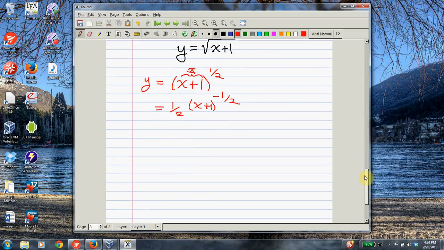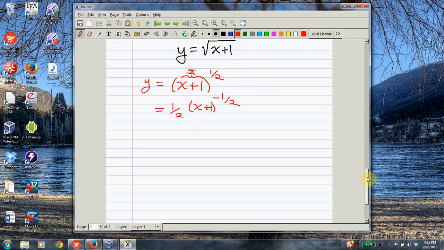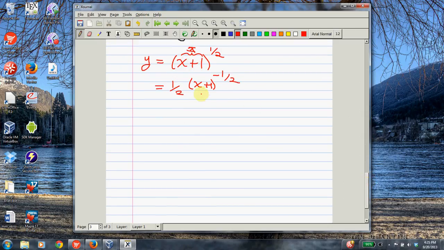It works in this case, but the reason it works is because the stuff inside the parentheses is so simple. When we get a little bit further along, you'll learn how to deal with other cases where the stuff inside is more complicated. But because the derivative of the inside is 1, it doesn't make any difference in this particular case. So we're just using this to check our answer.